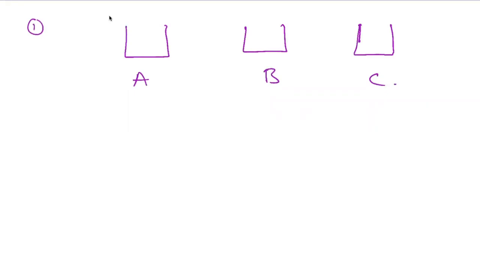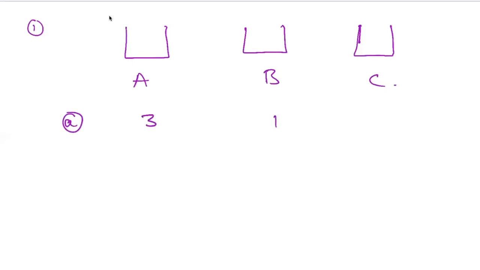We are writing A, B, and C. The first method, right? Without this inclusion exclusion. So in how many ways can we distribute the balls? 5 balls: 3, 1, 1 or 2, 2, 1. Only 2 ways are there, right? So 3, 1, 1 and 2, 2, 1.